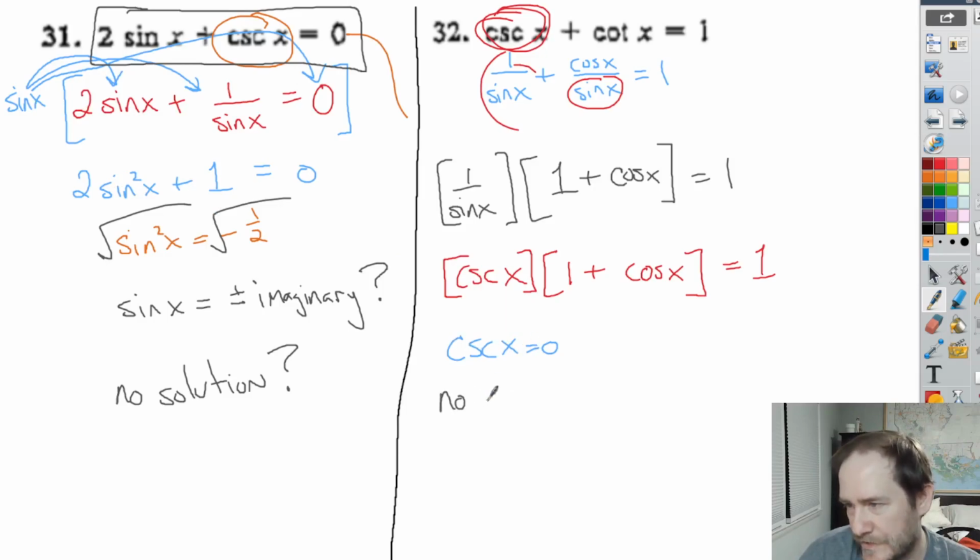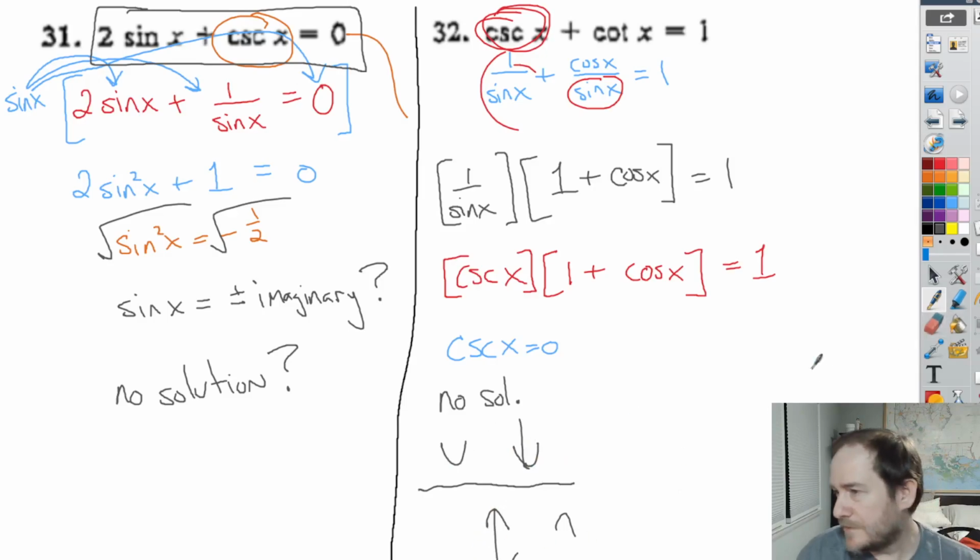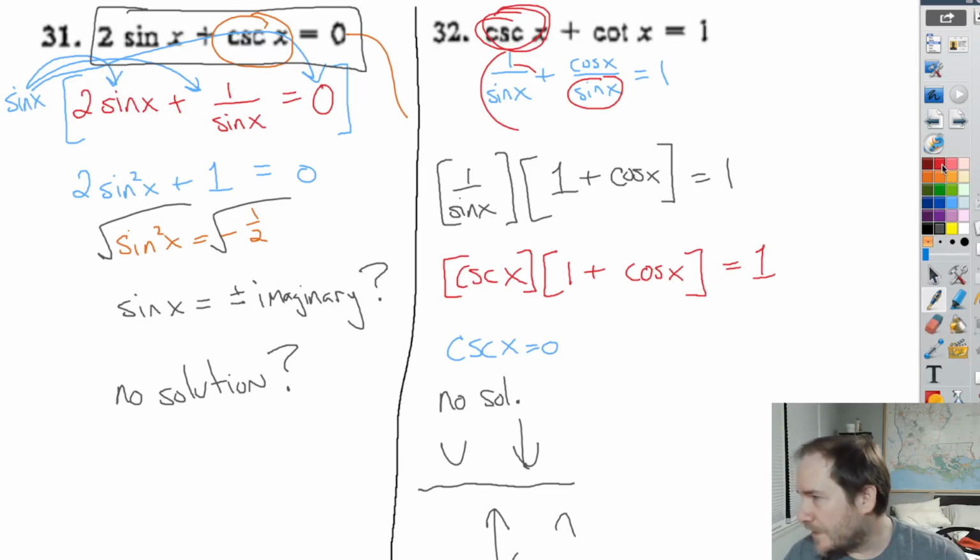It's not solutions that are extraneous. It's literally no solution because 0 runs through the middle of all those little uppy, downy humps. It never equals 0. It only equals 1 to infinity and negative 1 down to negative infinity. So it's no solution, which means all my solutions come from the cosine equation.